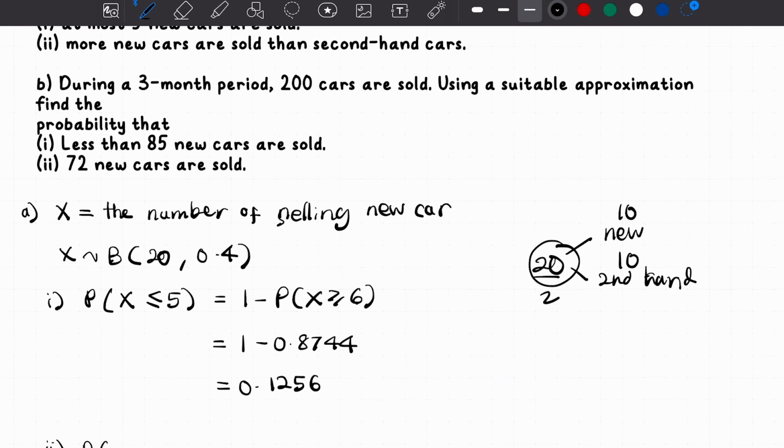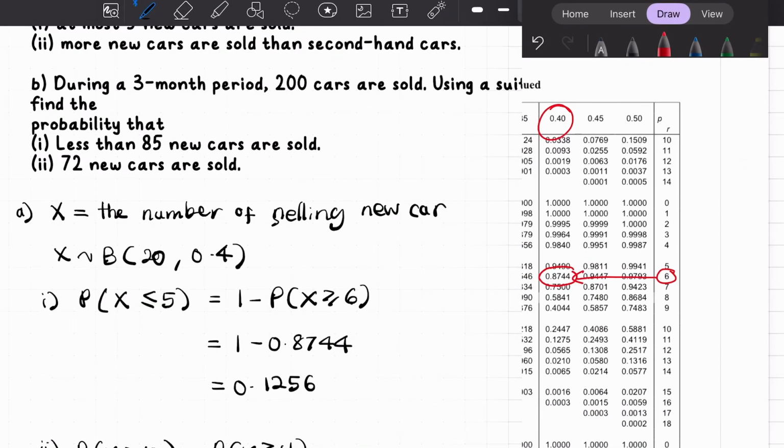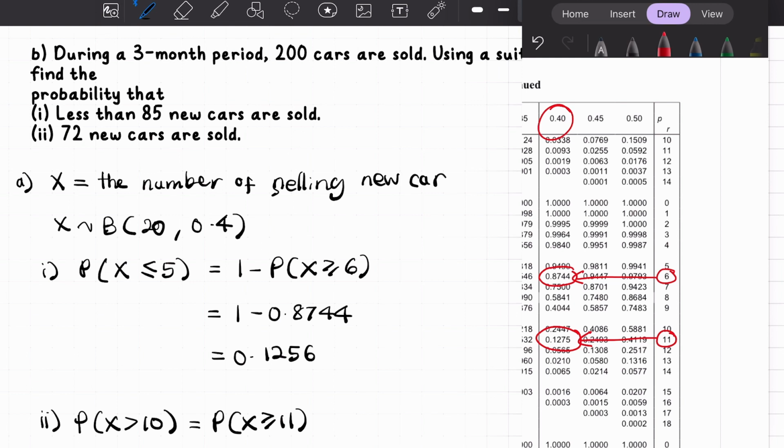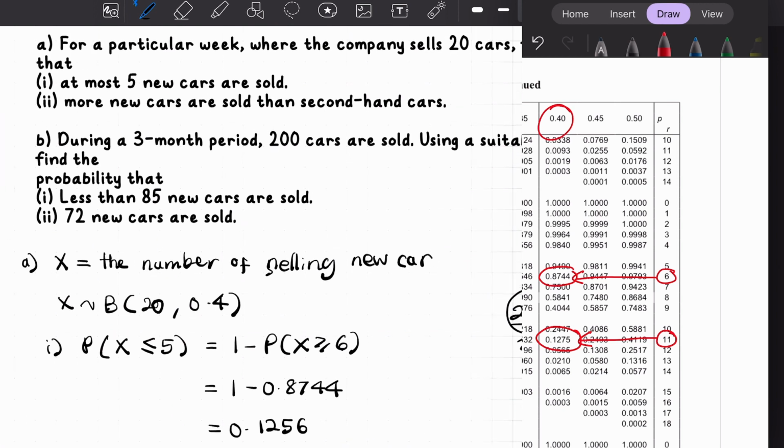So we find the probability of X greater than 10, or you may write it as probability of X greater than or equal to 11, since the table cannot read greater than. Okay, so let us read from the table. X greater than or equal to 11 gives a probability of 0.1275. So that is for question A.